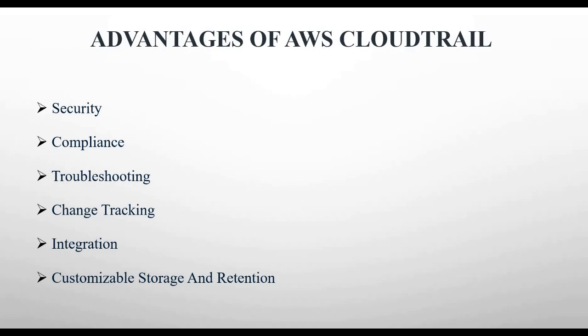CloudTrail records who made changes, what services were used, and what actions were performed. Integration: CloudTrail can integrate with other AWS services like CloudWatch to enable automated responses. Customizable storage and retention: CloudTrail allows you to specify where to store logs and how long to keep them. So these are all the advantages.